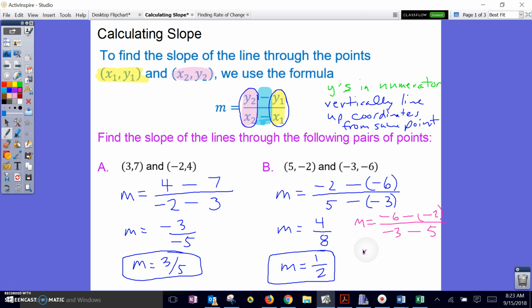I would have gotten negative 4 over negative 8, which, again, since they're both negative, is positive 4/8, which reduces to 1/2. And we end up with exactly the same value for our slope. So it doesn't matter the order that we put them in, as long as we follow these two ironclad rules. Alright.